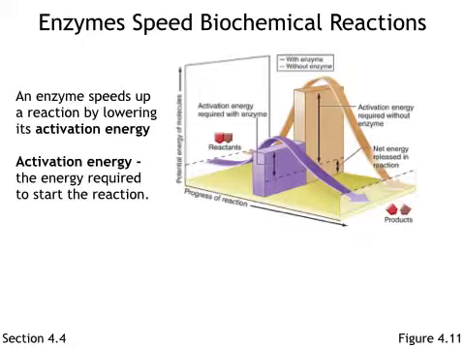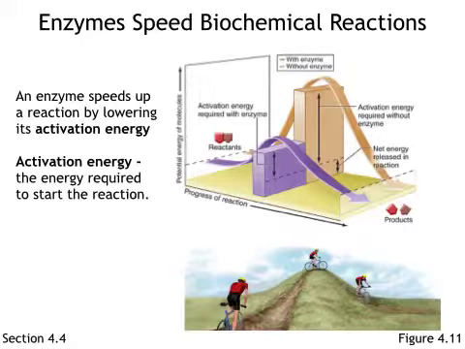So we saw the example of a guy riding his bicycle, right? To climb up that hill, you're going to need some energy, and that's activation energy. So there in the graph above it, you can see those little arrows there. That's the activation energy.